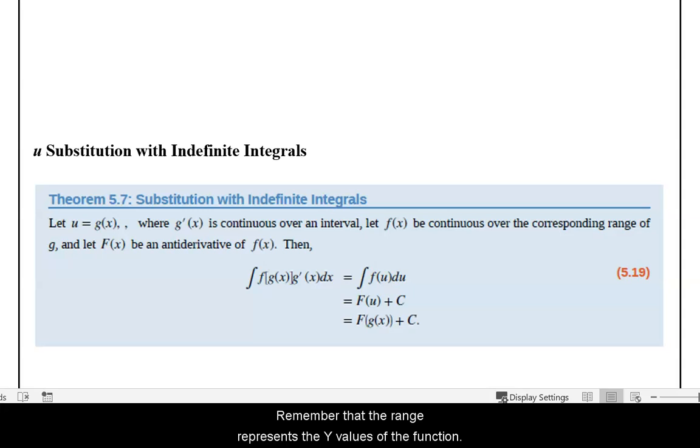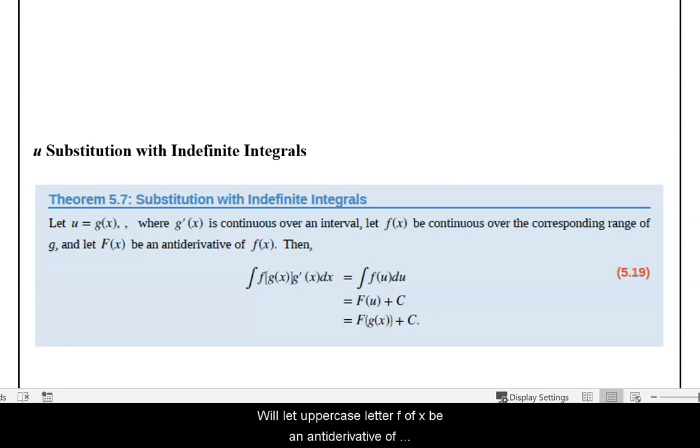Remember that the range represents the y values of a function. That's because we're going to compose f and g and put g inside of f. Thus, it doesn't matter that f would be continuous on a different interval. We need f to be continuous over the y range of the inside function g.